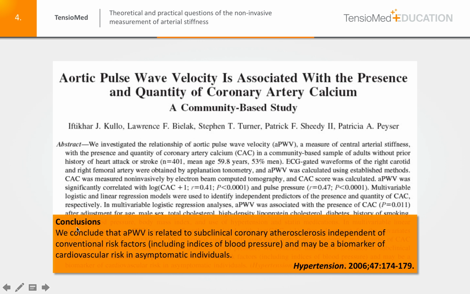And the conclusion was that the aortic pulse velocity was related to the subclinical coronary atherosclerosis independently from the conventional risk factors, including blood pressure indices, and it was concluded that it could be a good biomarker of cardiovascular risk in asymptomatic individuals.